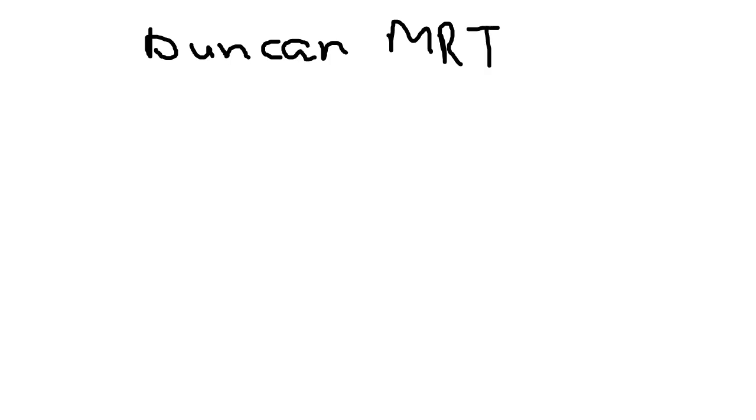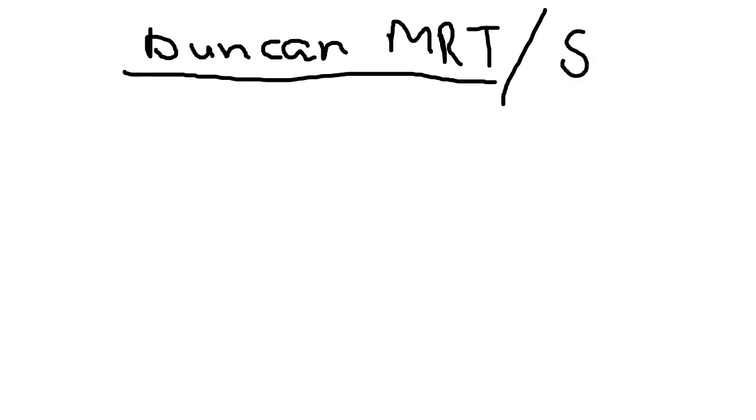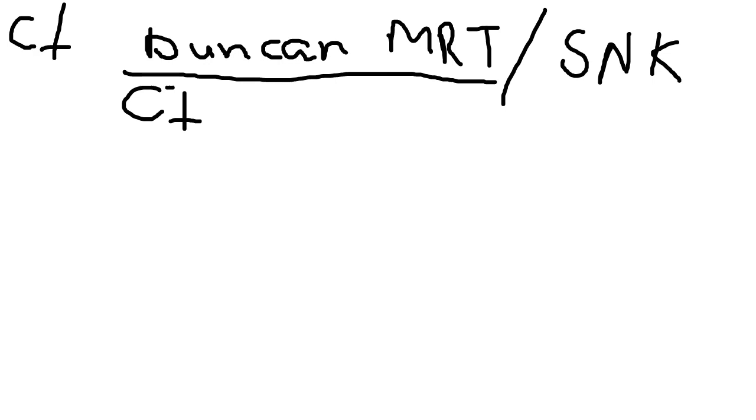confidence intervals now. Again, for Duncan or Student Newman-Keuls method, how do you find the confidence intervals? Remember step 5? What do we do with step 5?